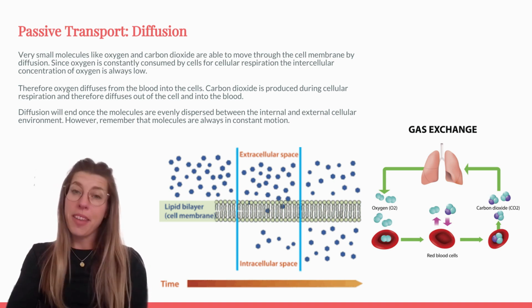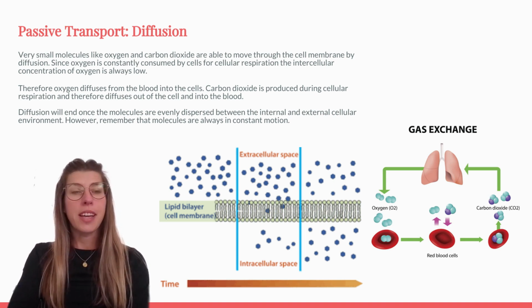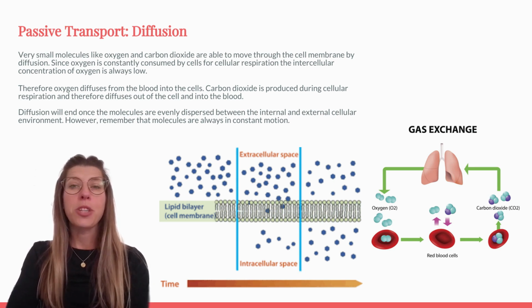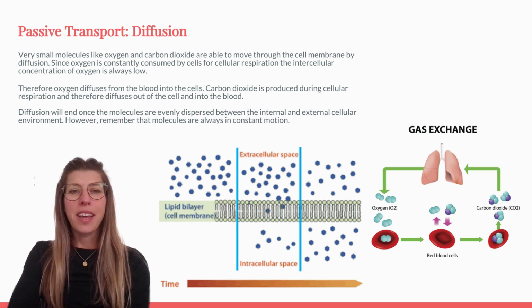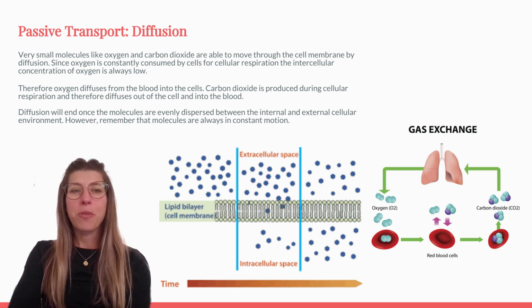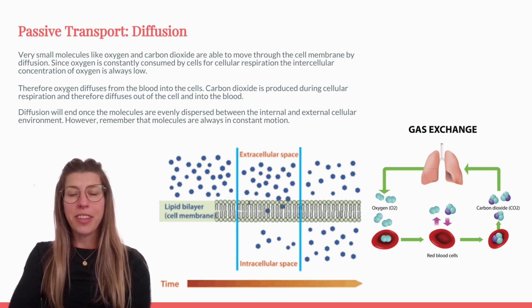Carbon dioxide is produced during cellular respiration, and therefore the concentration is high within the cell. As blood drops off oxygen, it is low in carbon dioxide, and the blood will pick up the carbon dioxide and remove it from the cell. So again, it's going from the area of high concentration within the cell to low, and it gets carried away, and we exhale it.